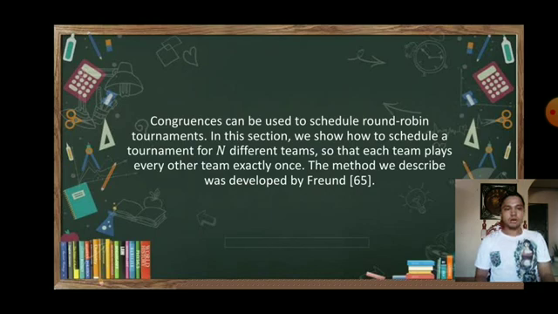Okay, so actually po, we have a different formula naman po on how to schedule using round-robin tournaments. But in this section, since we are dealing with elementary number theory, ang gagawin po natin is to apply the congruences. The method we described was developed by Freund.